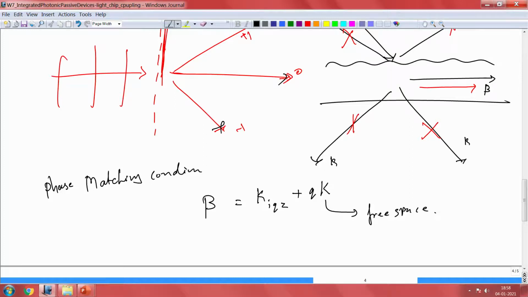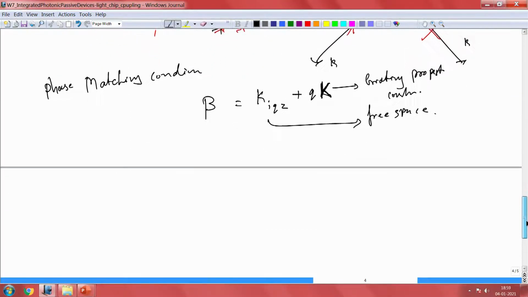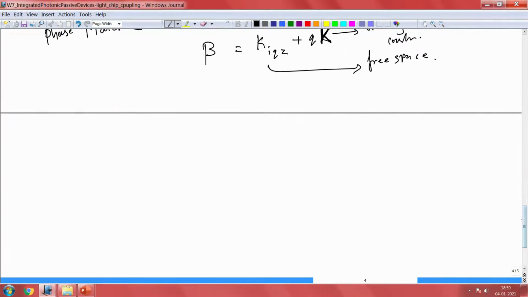Sorry, the K here is the grating propagation constant. The dark K here is our propagation constant coming from our grating, while the small k here is the incoming light beam from the surface, the illumination.